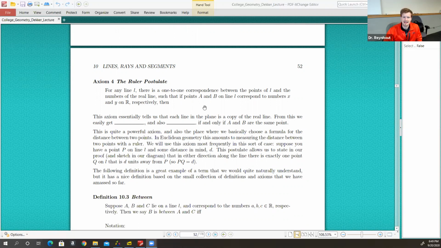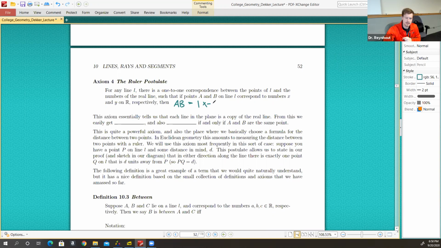For any line L, there is a one-to-one correspondence between the points of L and the numbers of the real line, such that if points A and B on line L correspond to numbers X and Y on the real line, respectively, then the distance from A to B is equal to the absolute value of the difference of X and Y.